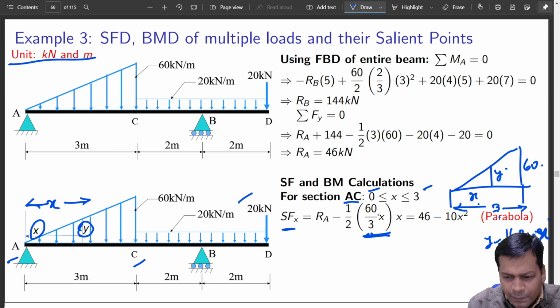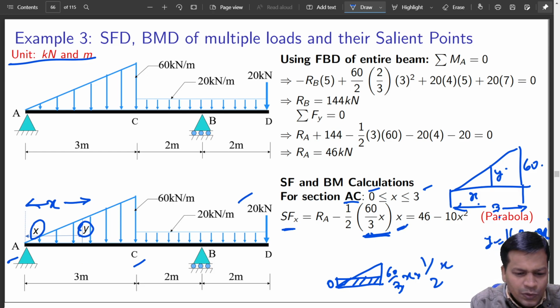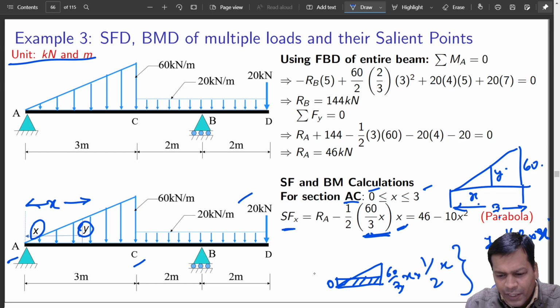So the equivalent uniform load is 60 by 3 into x by 2, and multiplied by x it will be your total load that acts in this section. Hope this is clear. If not, I'll come back again.